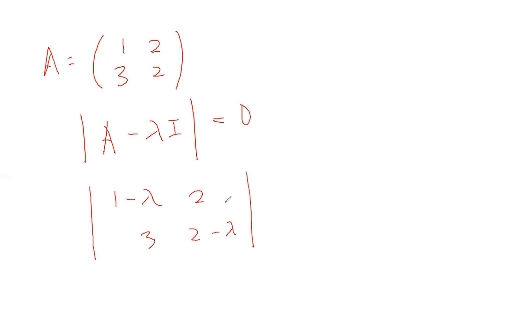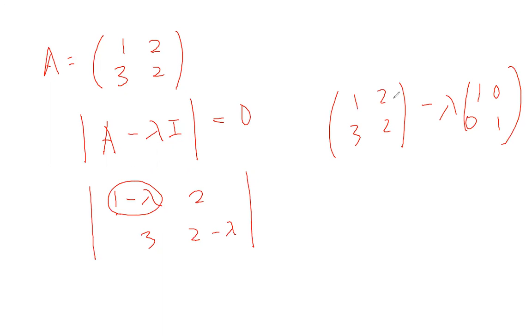If you don't understand why we get this, because A is 1, 3, 2, 2, I can subtract lambda times the identity matrix, which has 1, 1 on the diagonal and 0, 0 elsewhere. Then 1 minus lambda, I got this, 2 minus 0, I got this, and so forth.